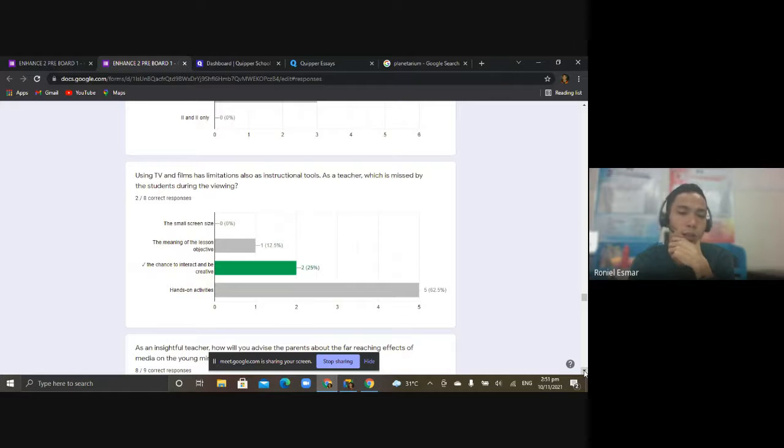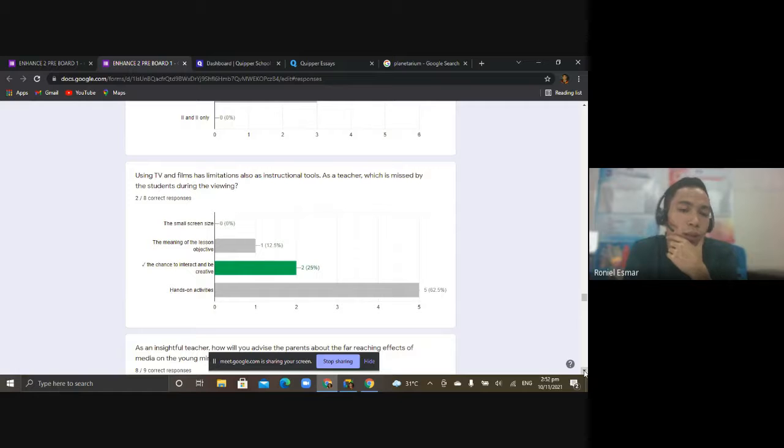Next, hands-on activities during the viewing. Actually, option number 4 is also considerable. However, what if the film the teacher shows is, for example, relating to art, on the steps and the materials they'll be using in making a certain instructional material?